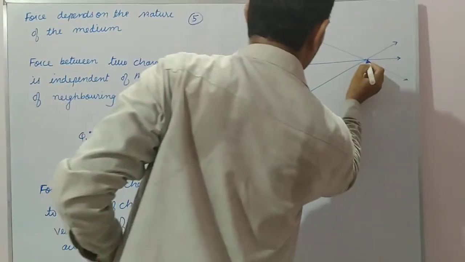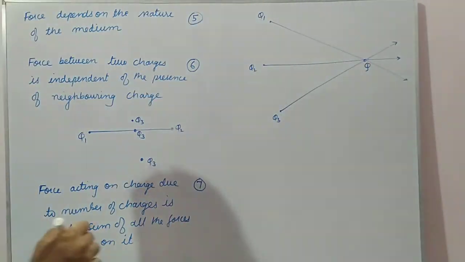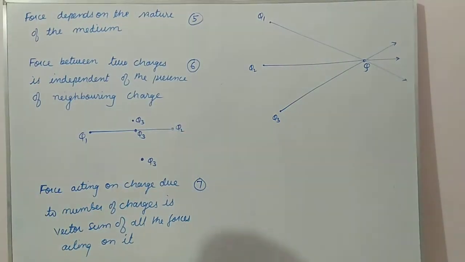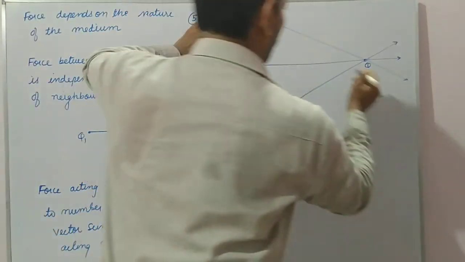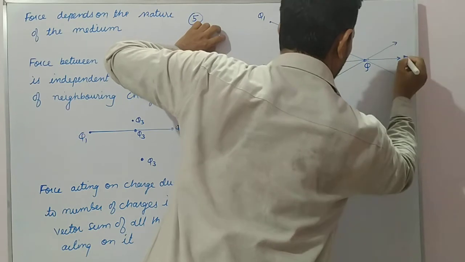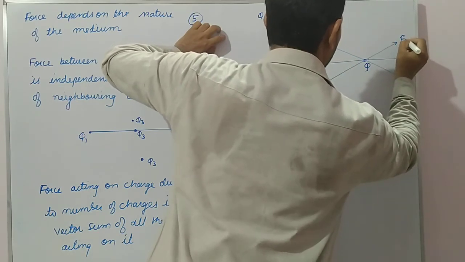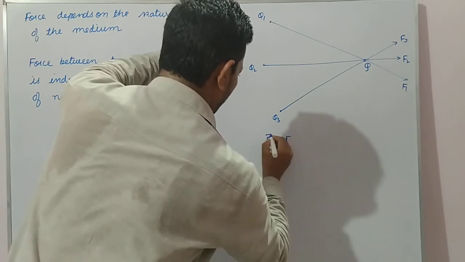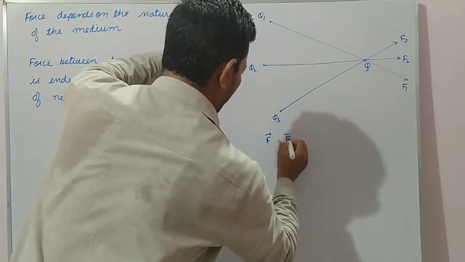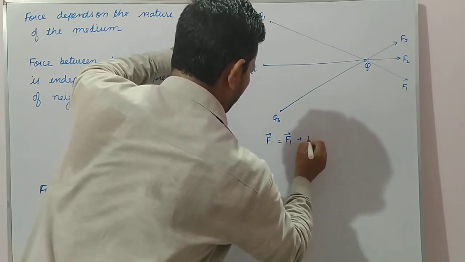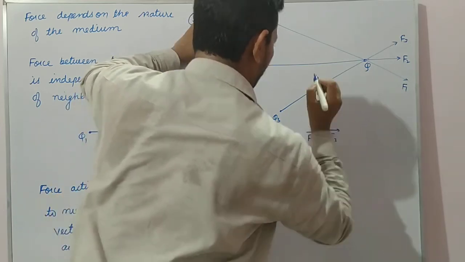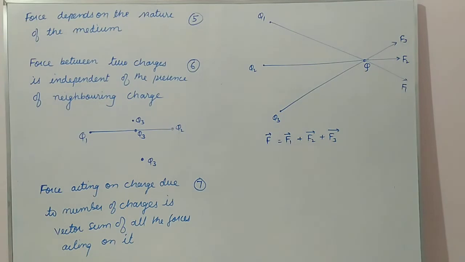We have to find the net force on Q. Suppose due to Q1 the force is F1, this one is F2, this one is F3. So net force F vector equals F1 vector plus F2 vector plus F3 vector. This is the net force acting on it.